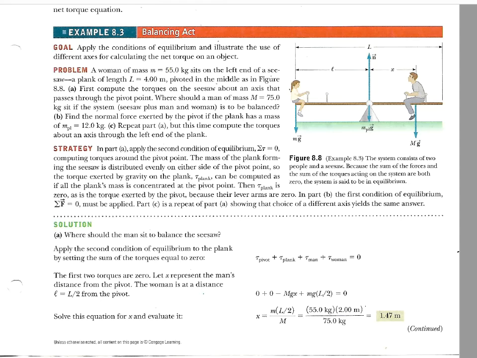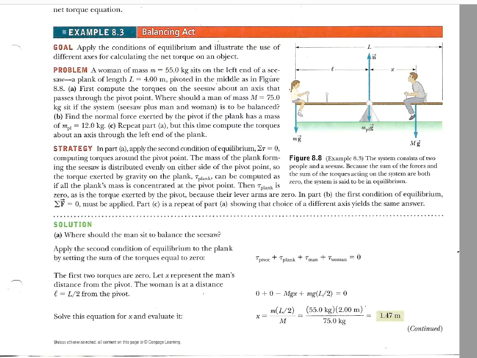In example 8.3, we had a uniform plank with a mass of 12 kilograms, and we assumed that its center of gravity was right at the center of the plank.